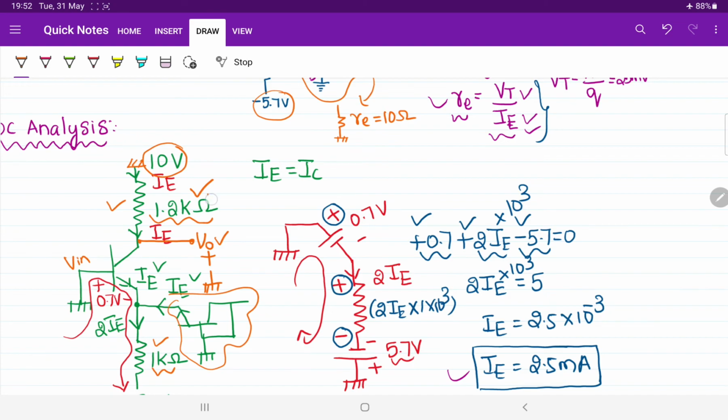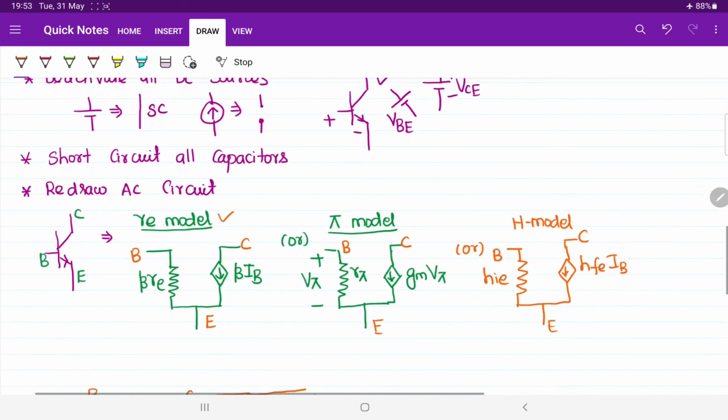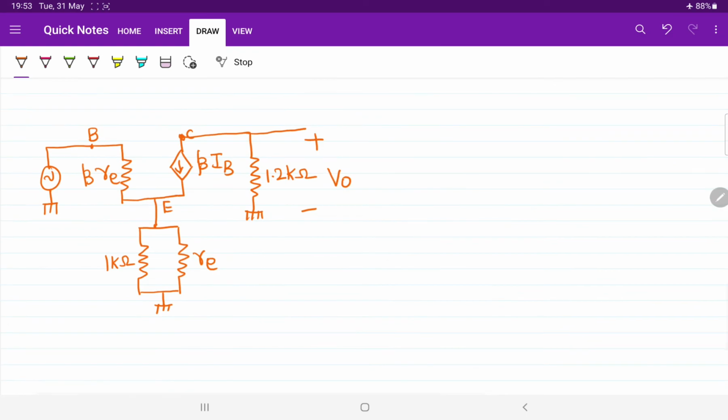Now this 1.2 kilo ohm resistor also has two terminals: one terminal is connected across V0, another terminal is connected with the ground. V0 also has two terminals, one connected here, another to ground. So both are the same or not? The 1.2 kilo ohm also has the same terminals, ground and V0. It means both are placed at the same position only.